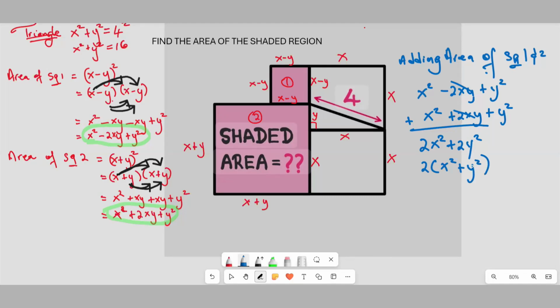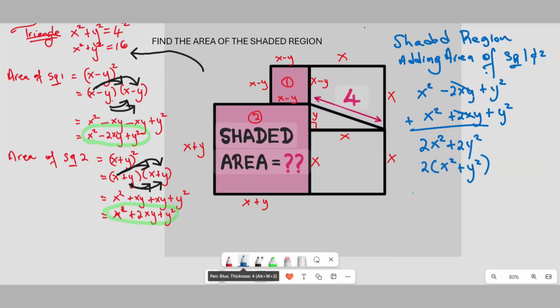So that's the area that I really want, all right? Remember, this is the shaded region that we just put together in terms of x and y. Now, if we go back to the beginning, when we utilized a triangle, x squared plus y squared is 16.